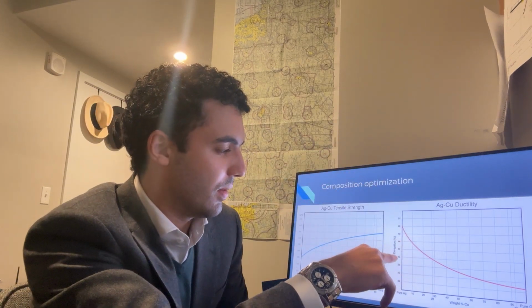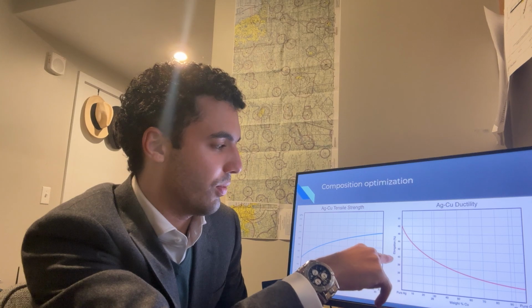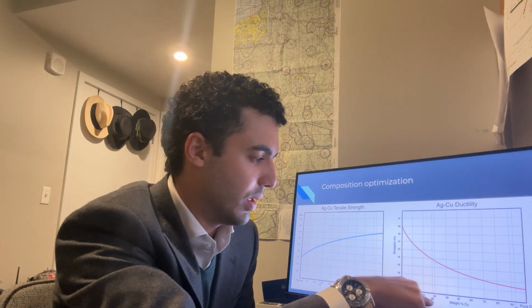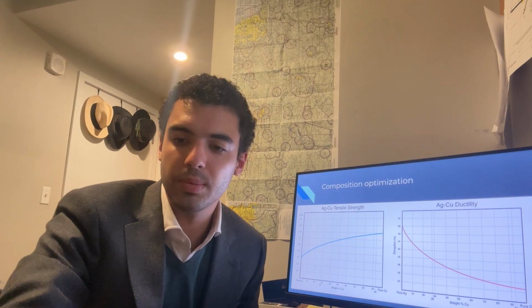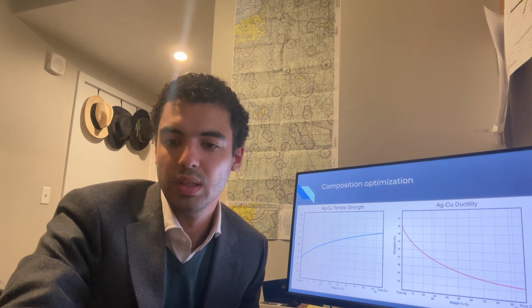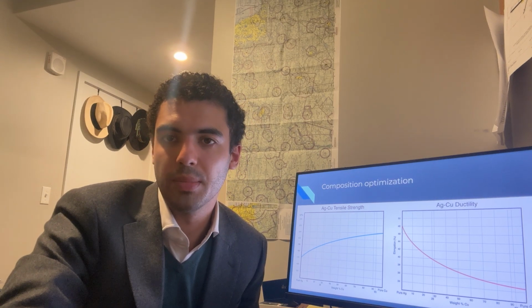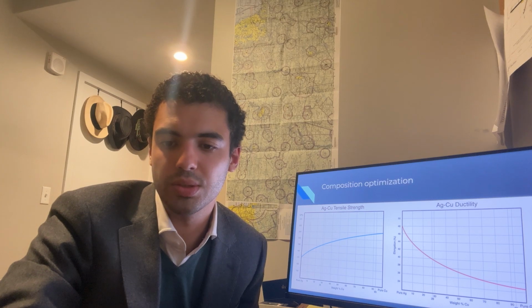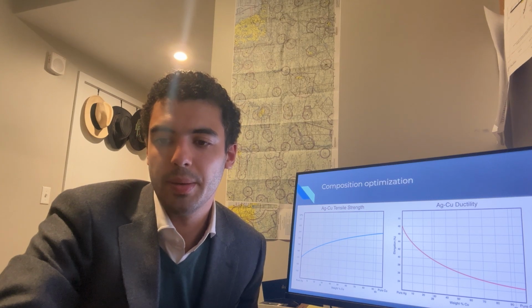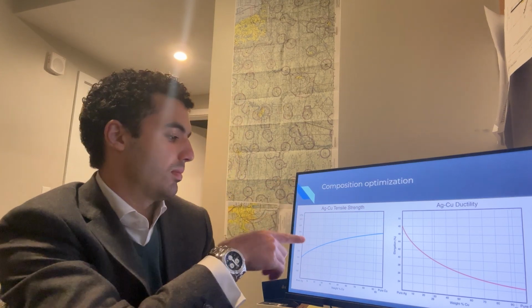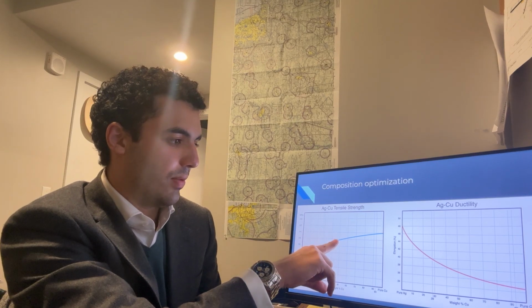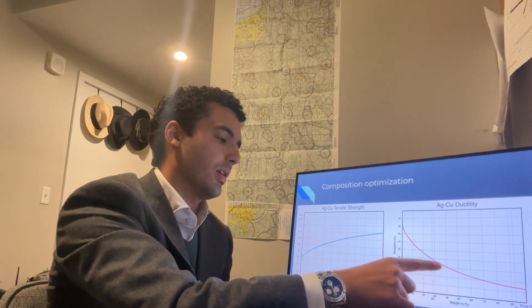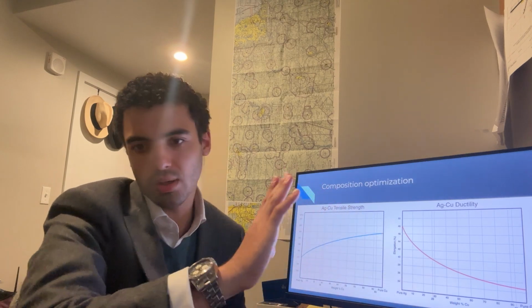So for example, if you wanted to have an elongation of 40%, it would be 28% copper. And you would want to find an ideal concentration right between these, which I'd say is around 45, given that the troughs or the peaks are there.